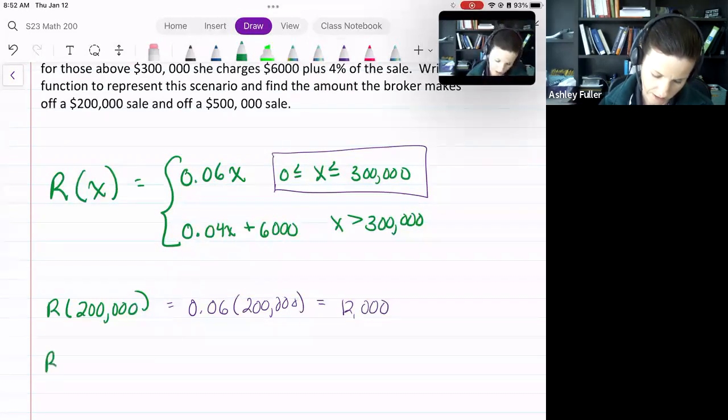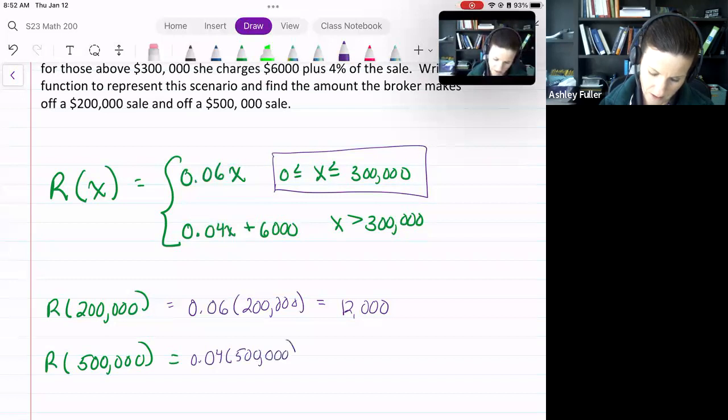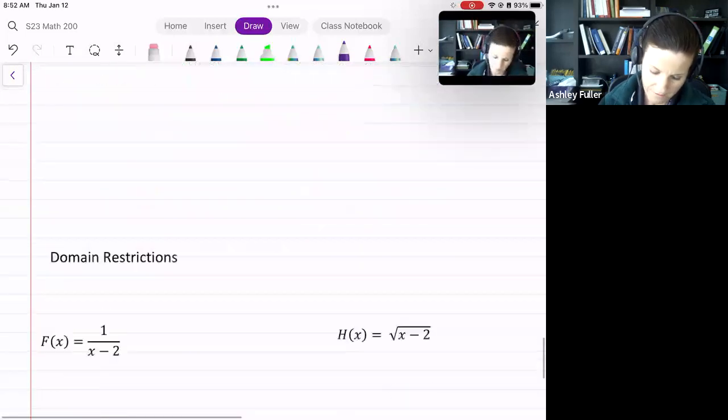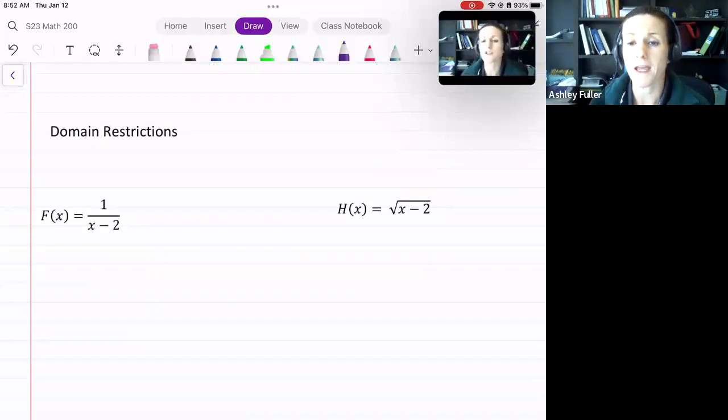Or if we are calculating perhaps a revenue for a house that is 500,000, then we would do 0.04 times 500,000 plus the flat rate of 6,000, which results in an amount of 26,000.